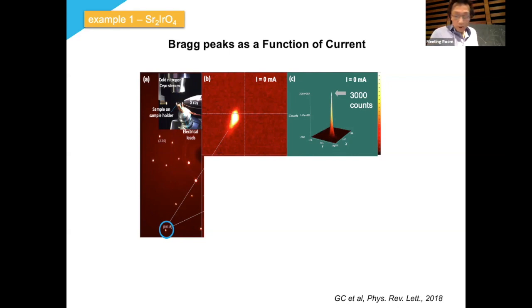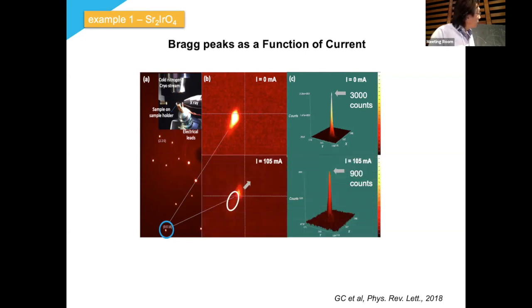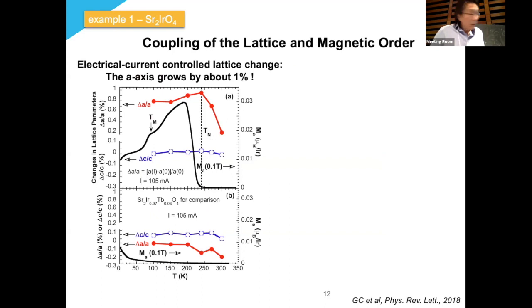But if we turn on the current, not only did this spot move, but the intensity is largely reduced from 3,000 to 900. So this is very encouraging. That means the electron actually can do something to the lattice.